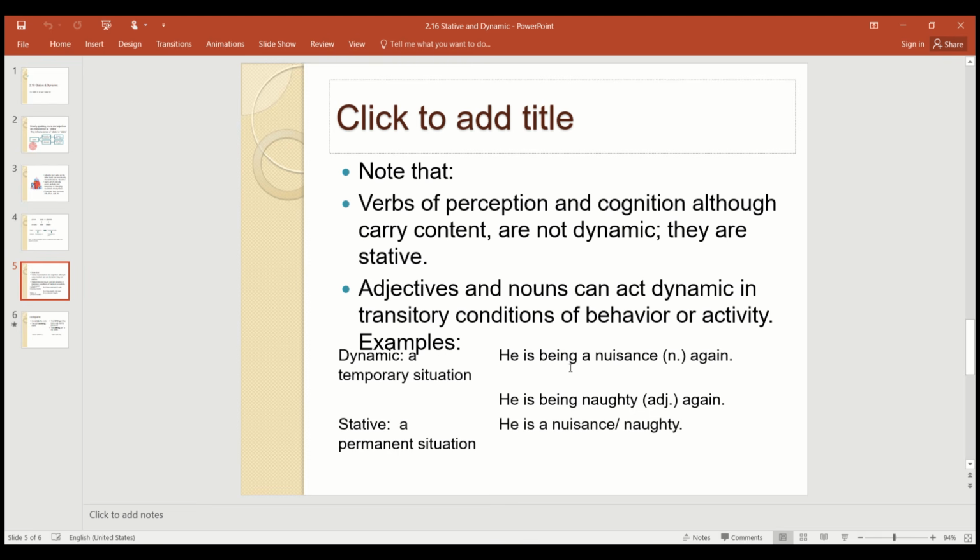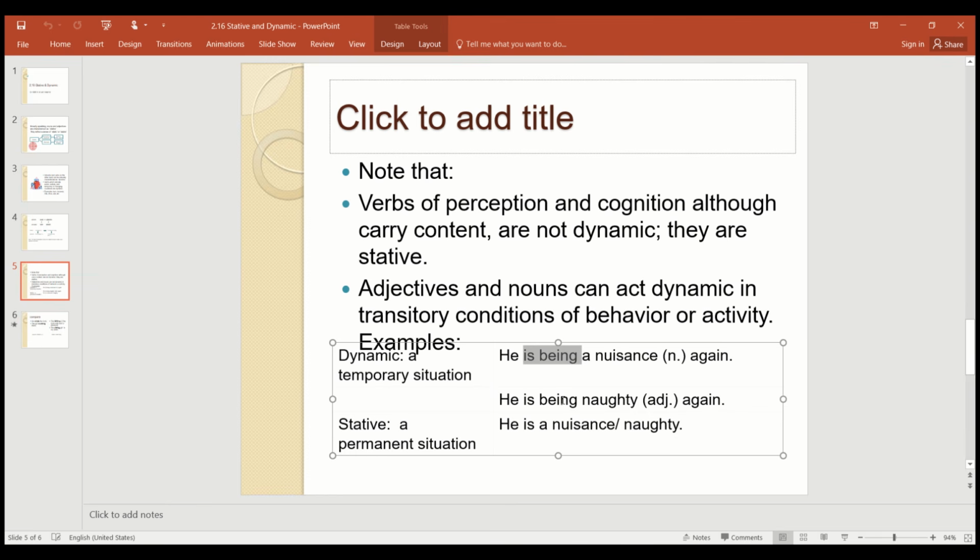If you just want to label the thing, to just name the thing, it would be: He is a nuisance, without using "again." In this case it would be the second, the stative or permanent situation, the normal case of providing a noun. But in the first case, pay attention, we have this verb which shows dynamicity, it shows that there is a temporary situation, then the noun also becomes dynamic. The noun becomes temporal.